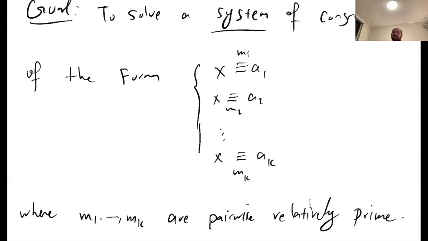Okay, so in elementary school and middle school, first you learned how to solve one equation, let's say 2x equals 5, for example. But after that, you learned how to solve a system of equations. Let's say, for example, two equations with two unknowns, like x plus y equals 1 and 2x plus 5y equals 6.